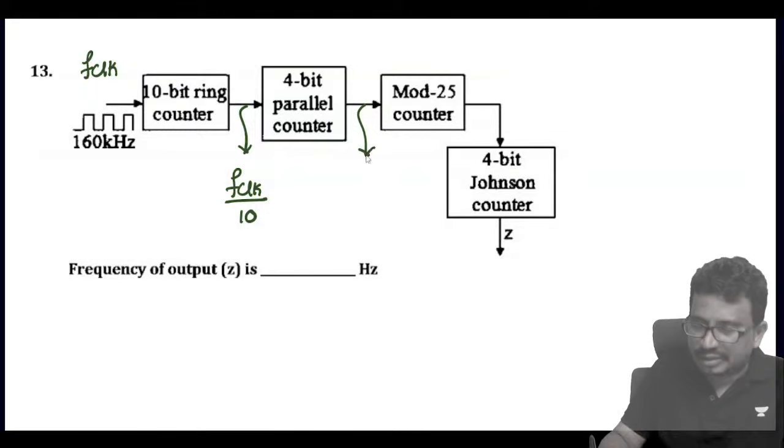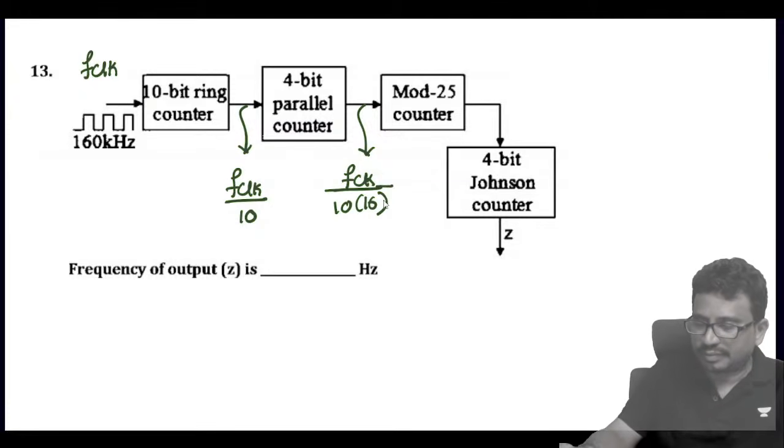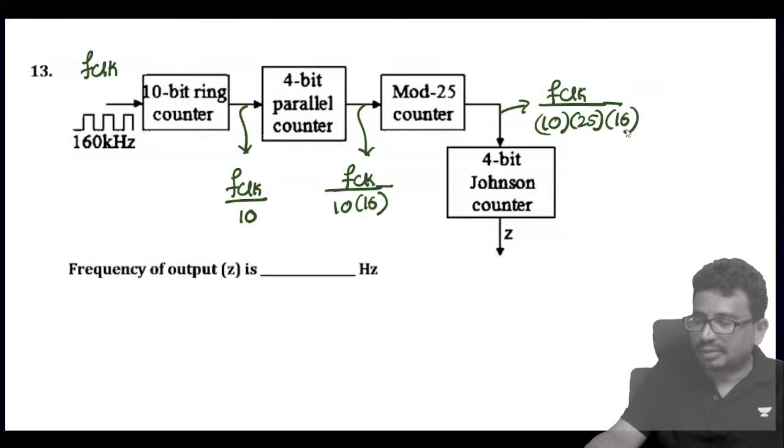Parallel counter, this synchronous counter. So this means how much? F clock by 10 into 16. Next here, what will come here? F clock by, so this is 10 into 25 into 16.